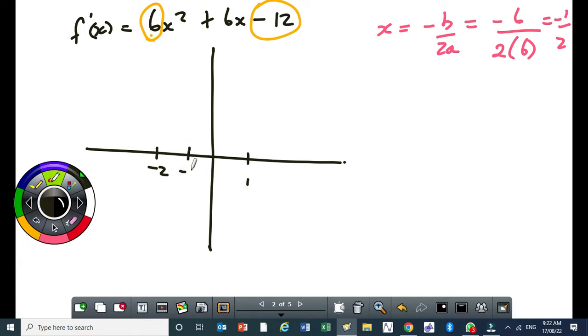This is a sketch, by the way. So minus a half could be somewhere there, isn't it? Right? Then we have got our y-intercept, which will be minus 12. Then we put it somewhere there. That's a y-intercept. Okay? If I were to substitute minus a half into this expression, what answer would I get? Can someone do it quickly with the calculator? Substitute x equals to minus a half into this expression. What answer would I get?